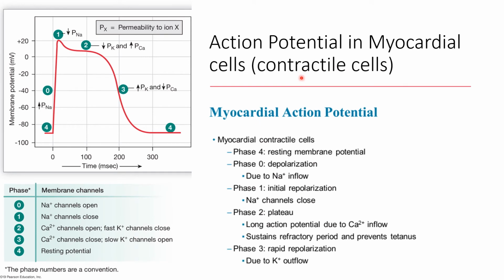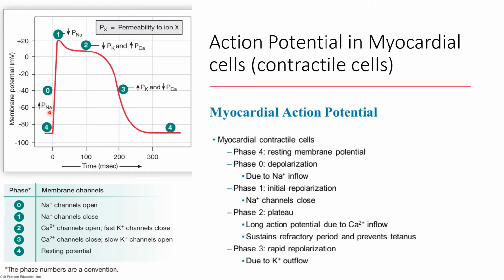Our myocardial contractile cells have a resting membrane potential of negative 90 millivolts. When a wave of depolarization moves in from the autorhythmic cells into our contractile cells via the gap junctions, the membrane potential of our contractile cells will start to become less negative.